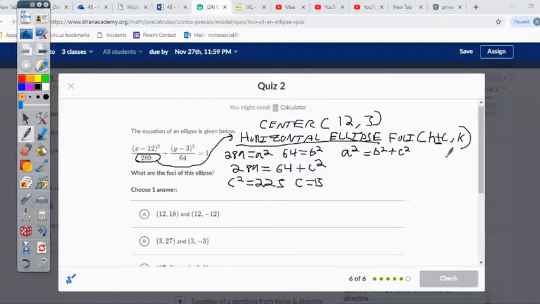For a horizontal ellipse, the foci are (h plus or minus c, k), so our foci are going to be 12 plus or minus 15, comma 3. So 12 plus 15 is going to be (27, 3).